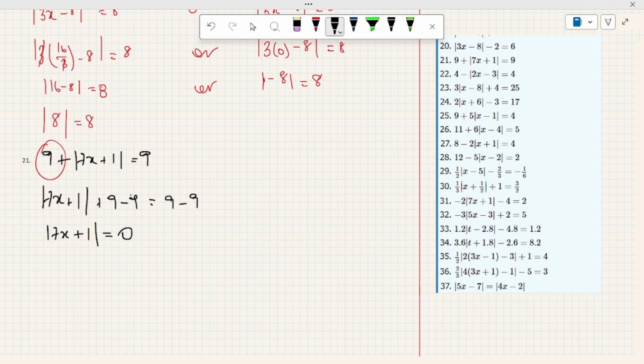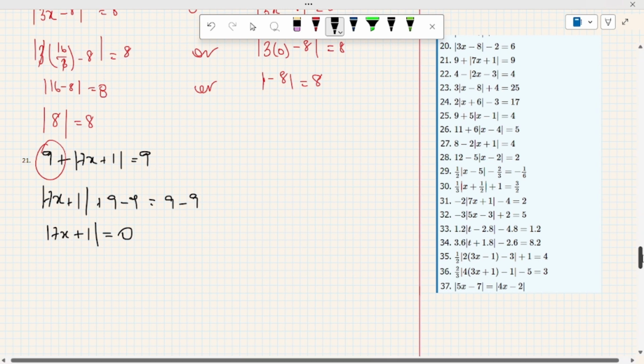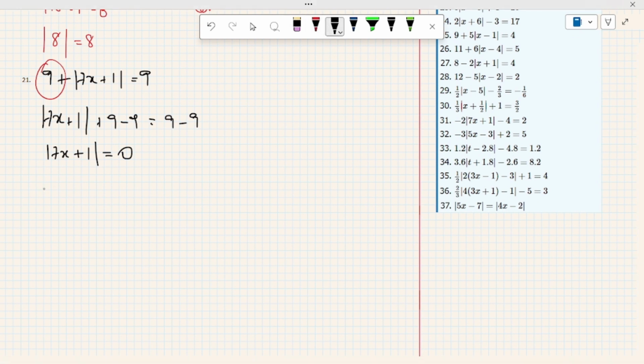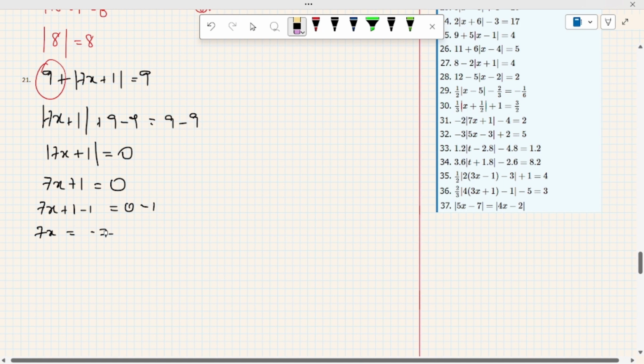So how are we going to solve that equation? I think we're going to have one solution, right? So it's going to be 7x plus 1 equals 0. Then 7x plus 1 minus 1 is equal to 0 minus 1, so 7x is equal to minus 1.